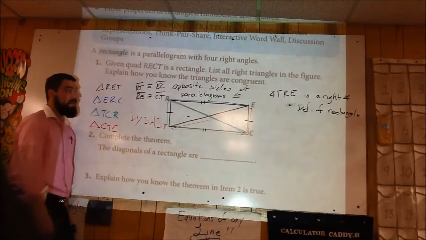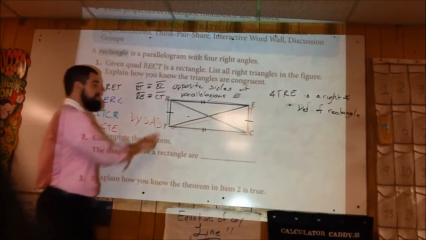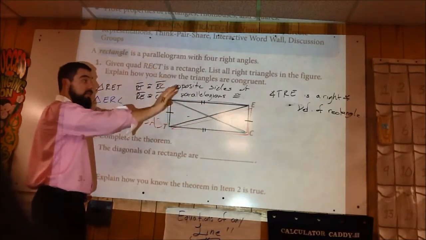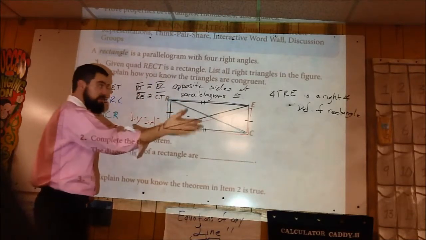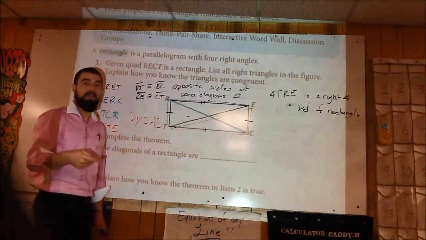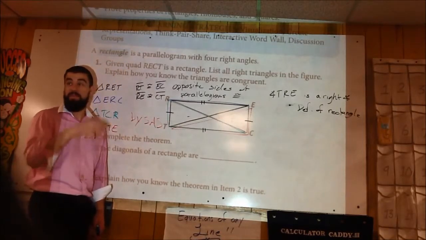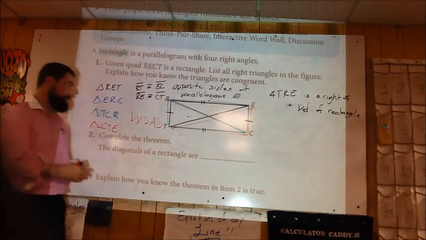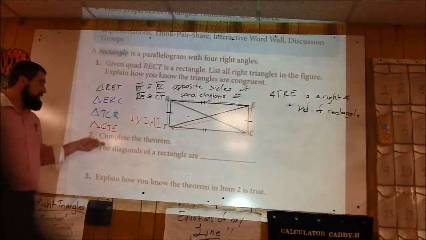All right angles are congruent. So if I wanted to say that this angle is congruent to that angle, so on and so forth, I would first state that they're all right angles, and then I would state that they're all congruent, and my justification would be all right angles are congruent.